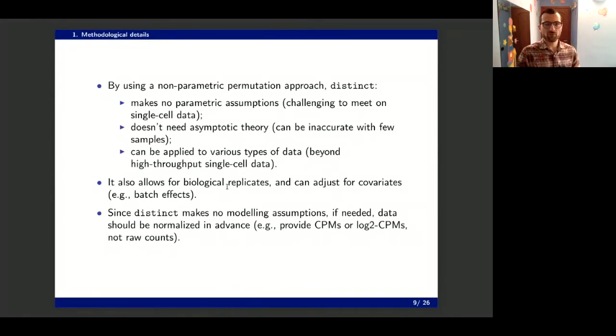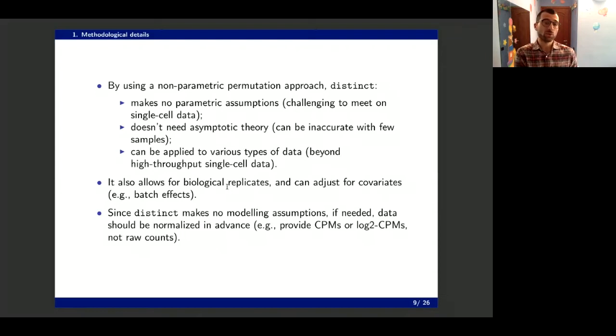So to briefly wrap up the conceptual details of the method, since we use a non-parametric permutation approach, we don't rely on asymptotic theory, which could be inaccurate when you have few samples. And we don't rely on any specific parametric model, which is actually quite hard to formulate accurately for single-cell data.